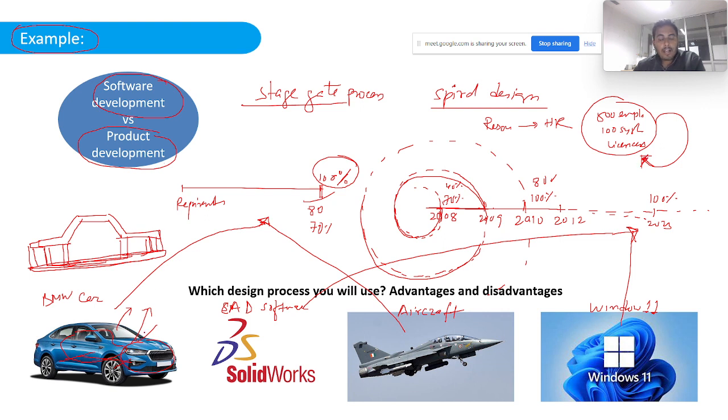However, in the case of a car, each car needs new raw material, new design work, and new development planning from a manufacturing point of view.